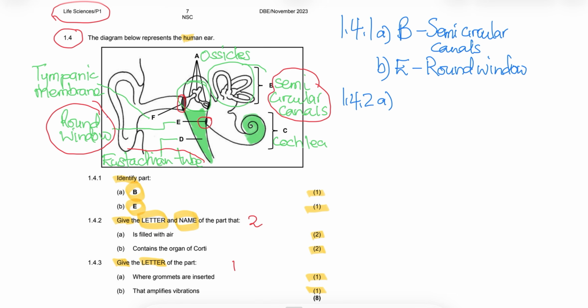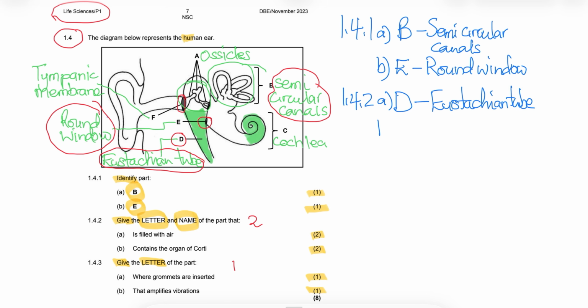So it's this whole thing, the name, and also we need the letter. Remember, it's saying letter, and we start with the letter. So we're going to say it's part G, which is the Eustachian tube.